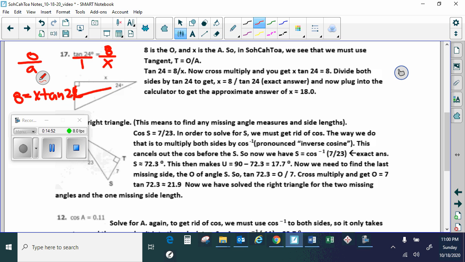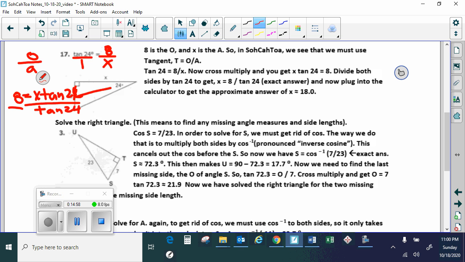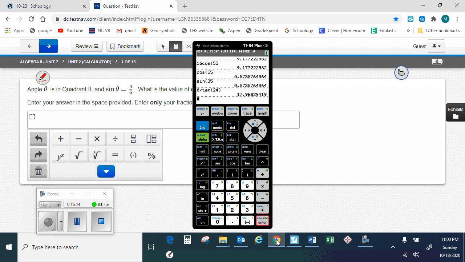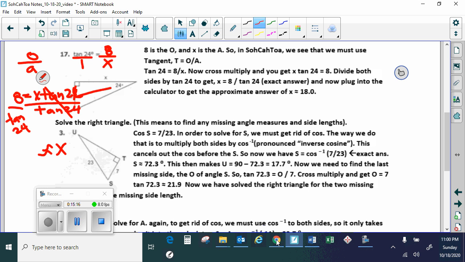Remember I'm solving for x, so I need to divide by tangent 24 on both sides. So now you get x is approximately equal to 8 divided by tangent 24. 8 divided by tangent 24 equals 17.96, which rounds up to 18.0. So x would be about 18.0, as you see right there.